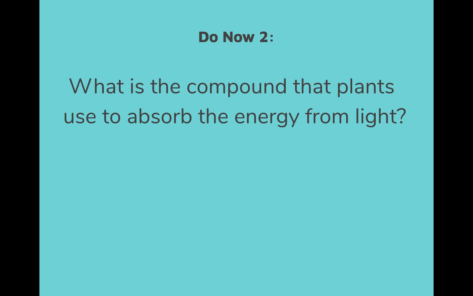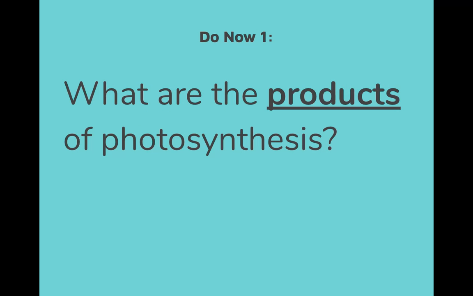All right, so let's go over our do nows. For do now number one, the products or what comes after is oxygen and glucose. I know that a lot of us have been writing sugar. Glucose is technically the sugar, but I also want to make sure that you are practicing using the scientific term for glucose.